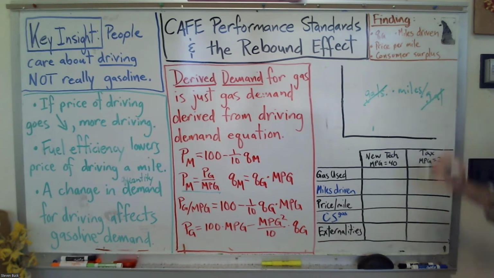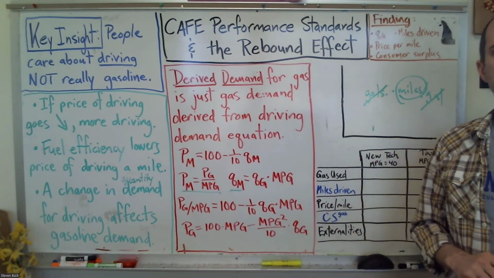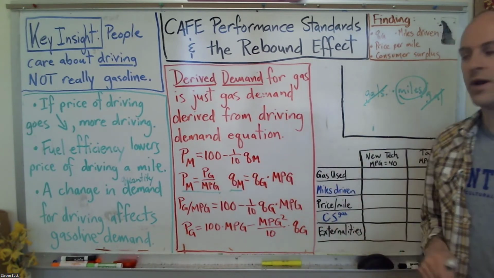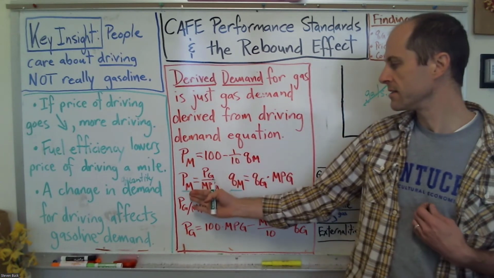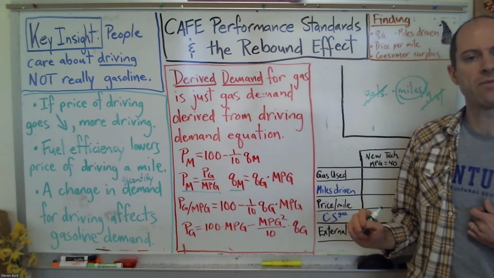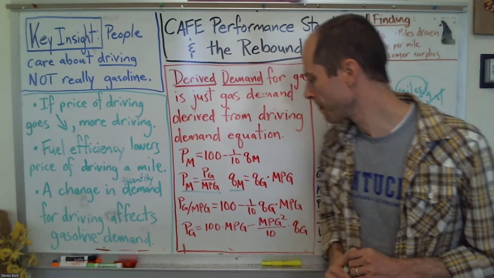And so the gallons cancel out and we're left with miles, which is exactly the units on QM. So these two identities hold. They relate the price for driving a mile to the price of gasoline, and the quantity of miles driven to the quantity of gasoline consumed.